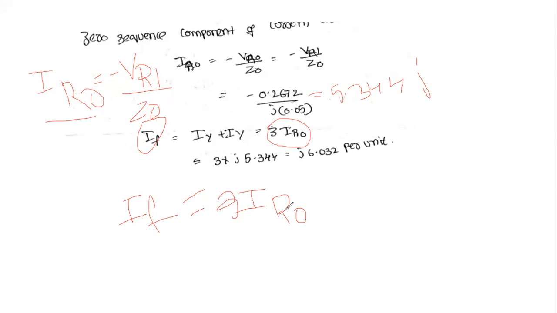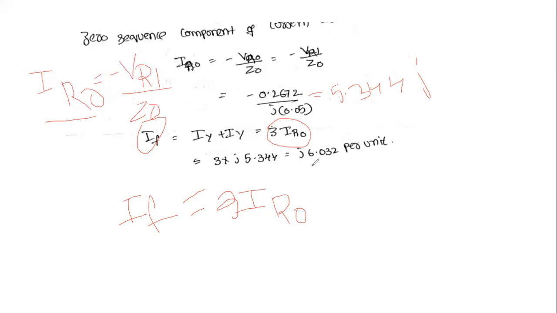That is the zero sequence current at the R phase, and its value is 5.344 J. We substitute the 5.344 J, that is the IR naught value, in this formula, then we obtain the fault current IF.